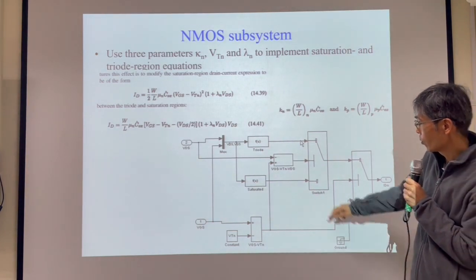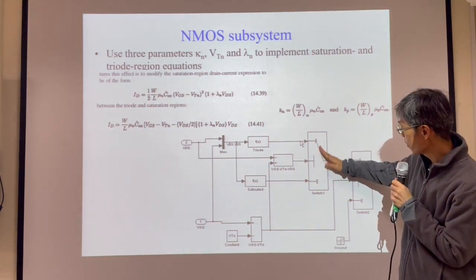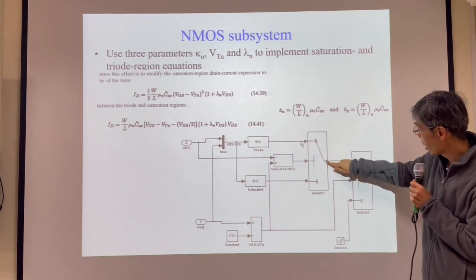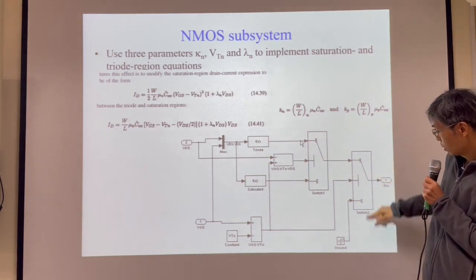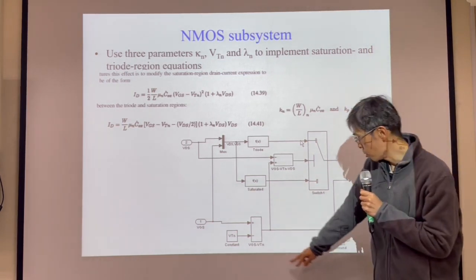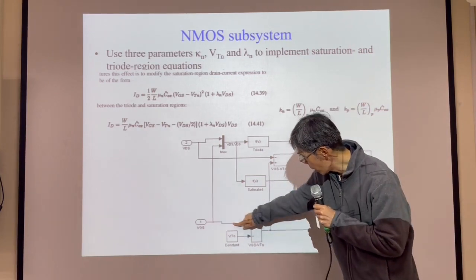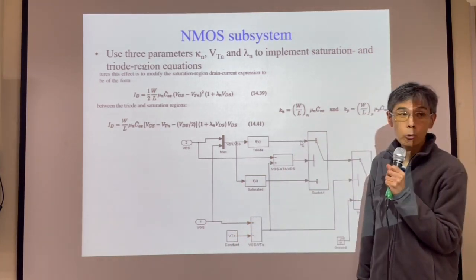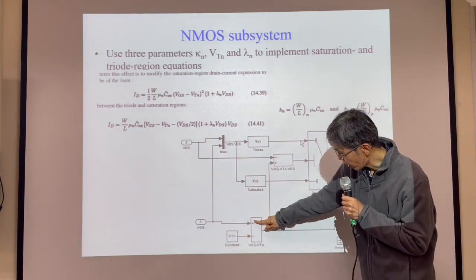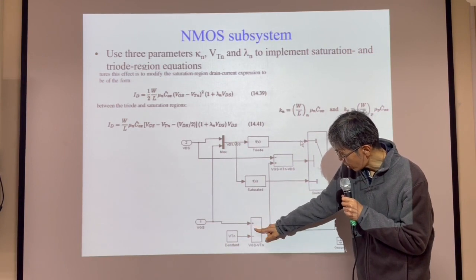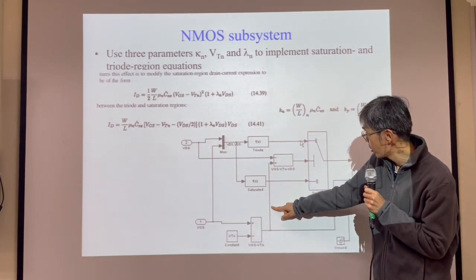So this is triode, so we have a switch for the triode region output. This is the ground potential. We use VGS and VTN, where VTN is the constant threshold voltage. So this is plus, this is minus. We use this as the control signal.